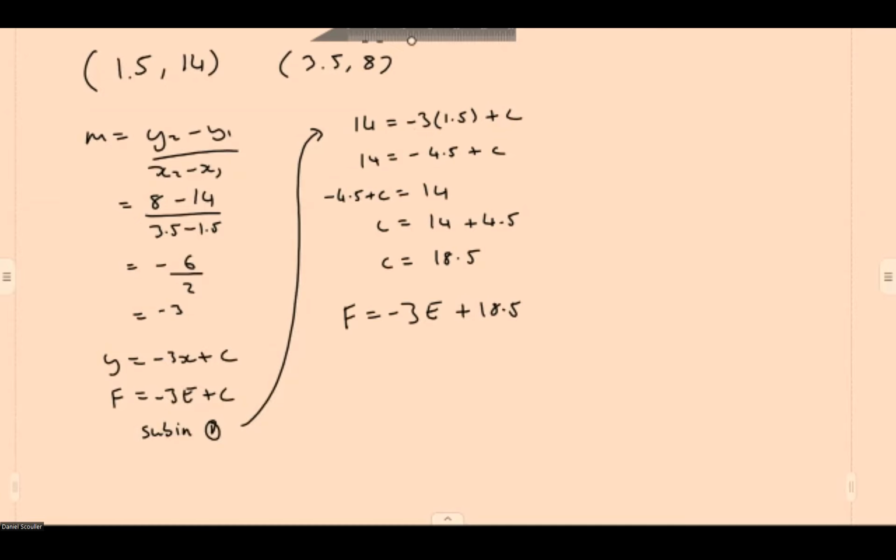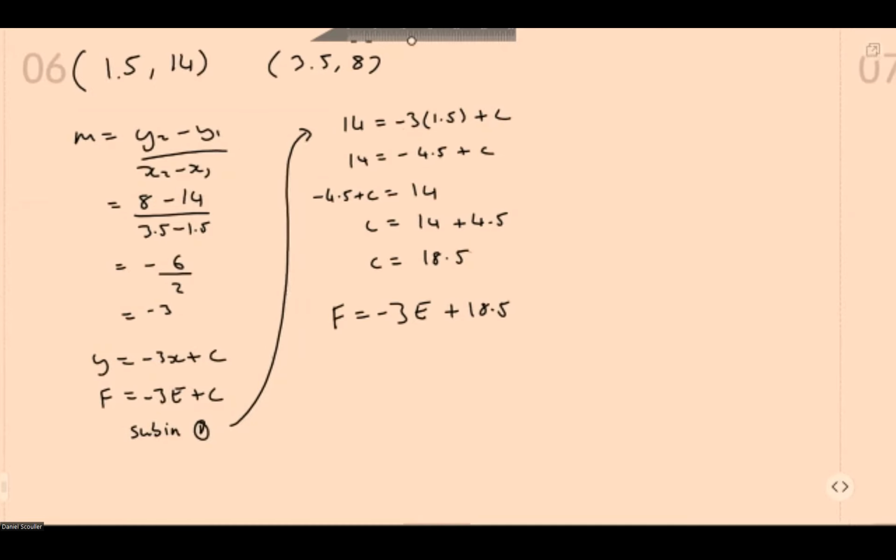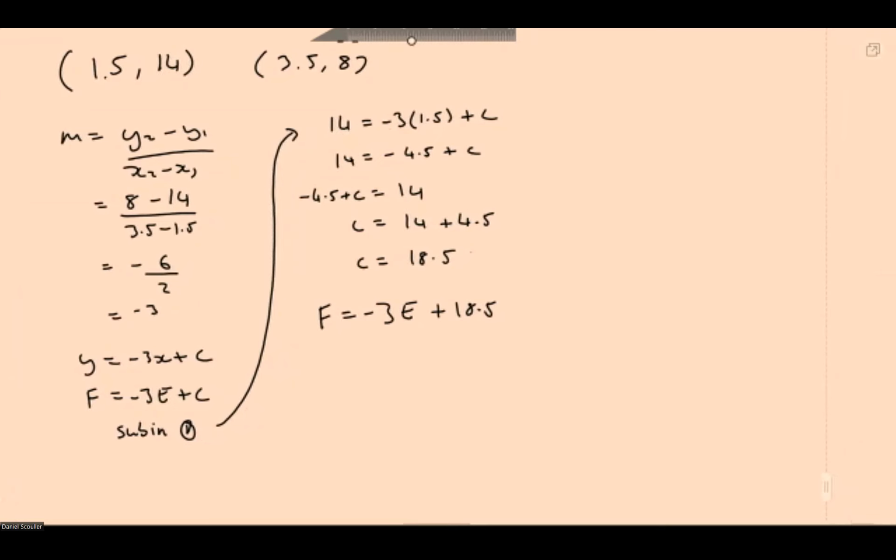Now what it wants you to do in part B is estimate, determine fuel consumption for engine size 1.1 litre.